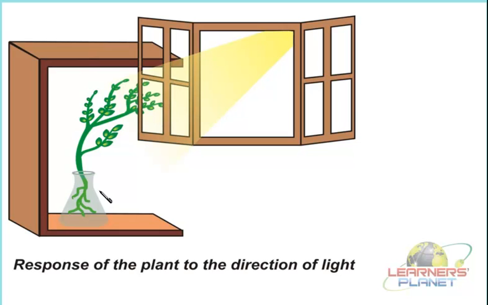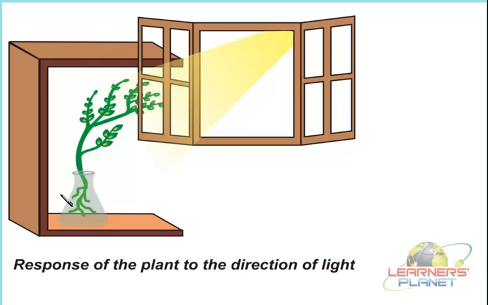Here this conical flask has been used for this purpose, and it is kept in a box. This box is covering the plant from all sides except one side, and then it is kept in front of a window, so that it can receive the stimulus in the form of sunlight.